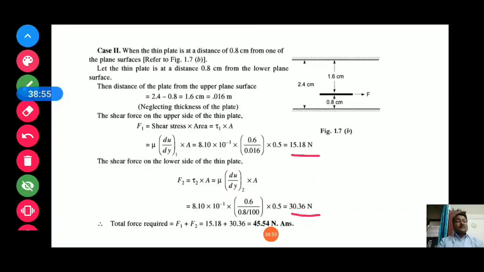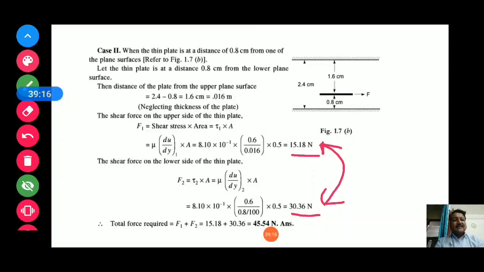Now the distance from the upper plate is 1.6 and the distance from the lower plate is 0.8 centimeter. So there is a difference between the shear forces. If the plate is not at the center, the shear force is also changing.